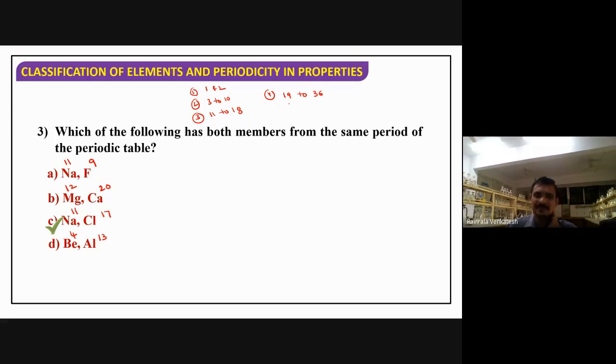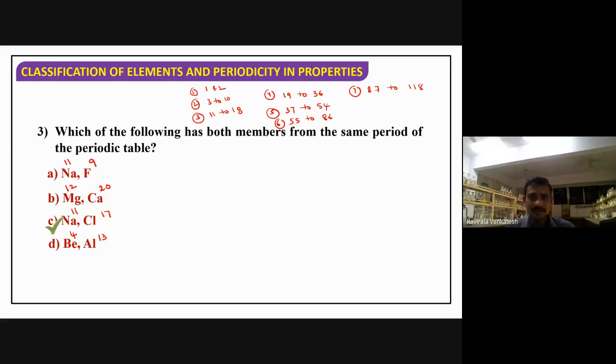In this way, plus 8, plus 8, plus 18, plus 18, plus 32, we can write this. Fifth period, atomic number 37 to 54. Sixth period, atomic numbers from 55 to 86. Seventh period, atomic numbers from 87 to 118. If you remember this also, we can write easily.